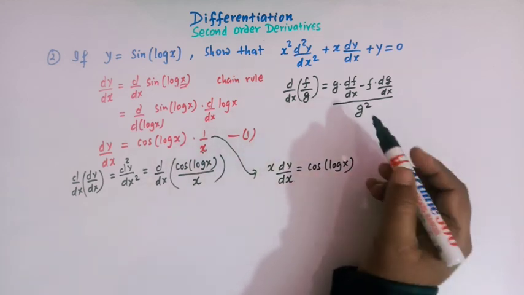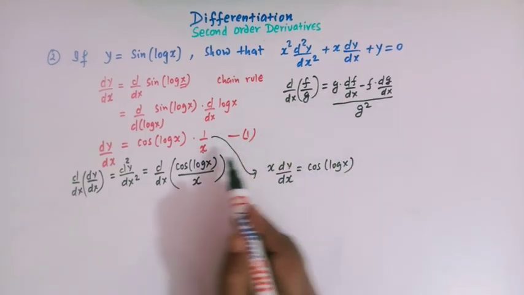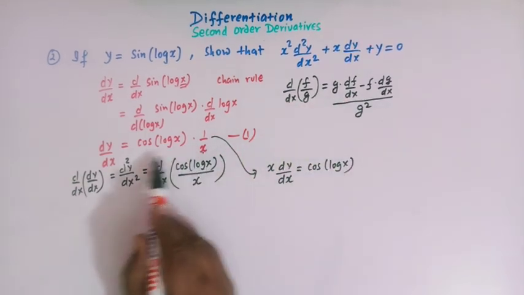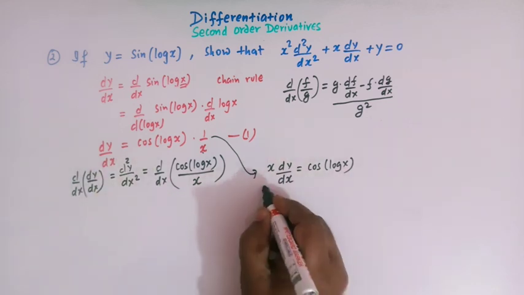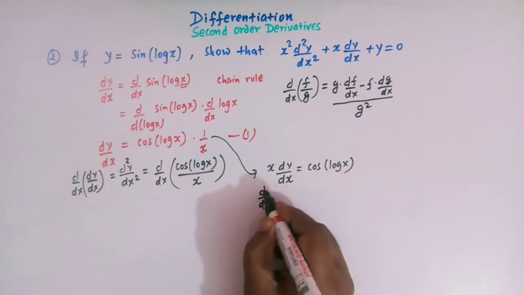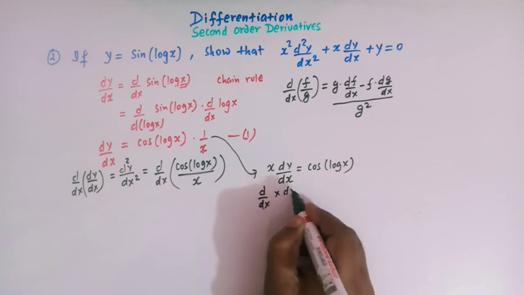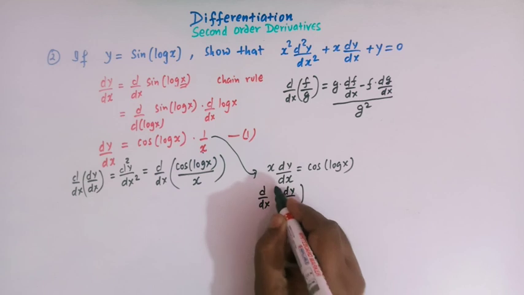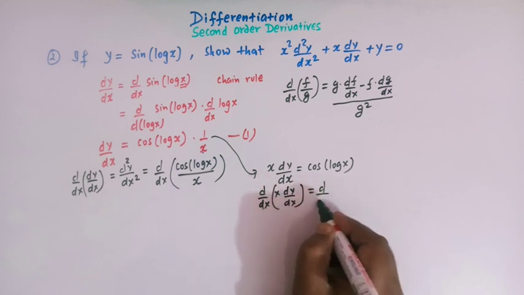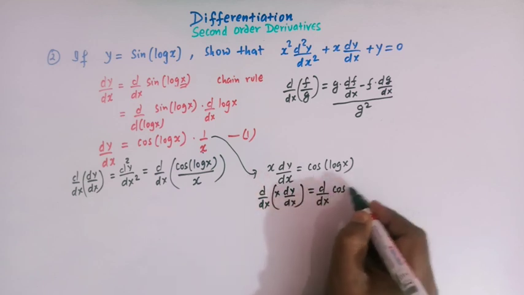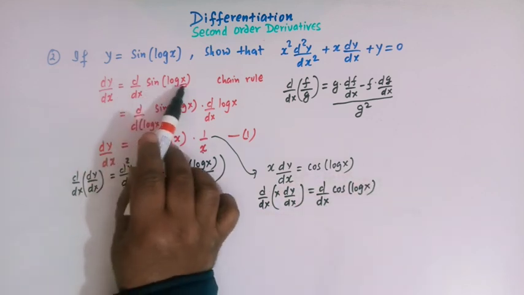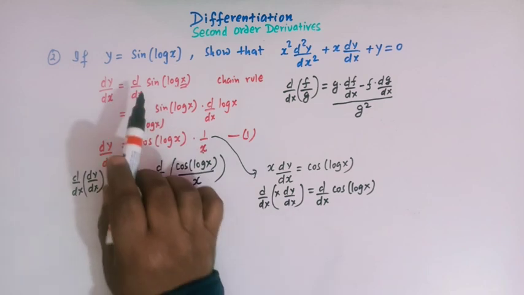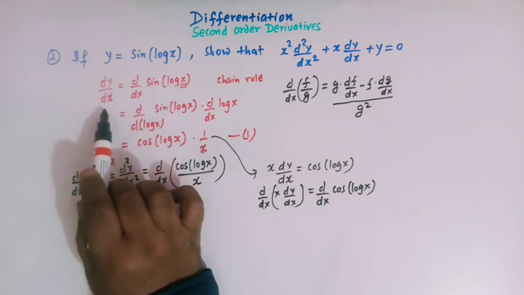So here we'll skip this method, rather we'll take this x to this side, and then we'll take the derivative of both sides. Now see what we will get. So d by dx of x dy over dx, and here we have d by dx of cos of log x, right? So we'll again get the same thing which we have done in case of first derivative, right?